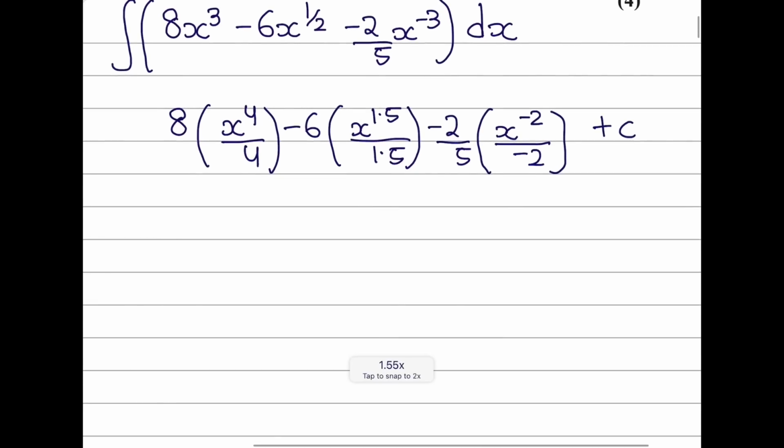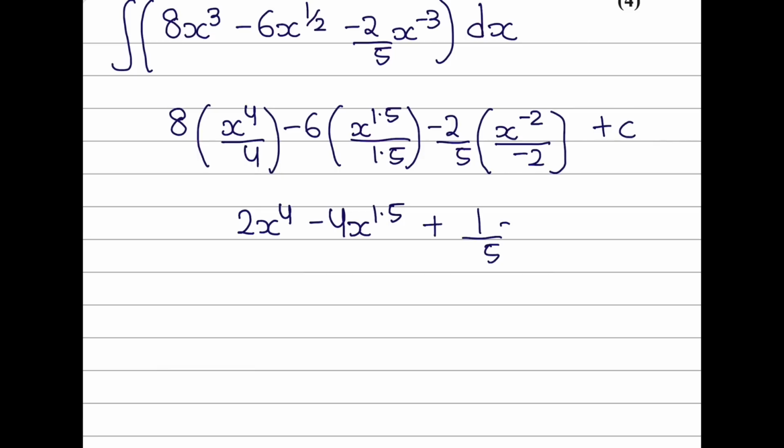Alright, now what is 8 over 4? It's 2. So 2x raised to 4, minus 6 into 1 over 1.5 is minus 4x raised to 1.5, minus 2 over 5 into 1 over negative 2, which gives plus 1 over 5 x raised to negative 2, or you can write it in the numerator as x squared, plus a constant.